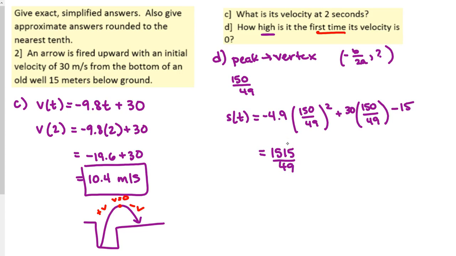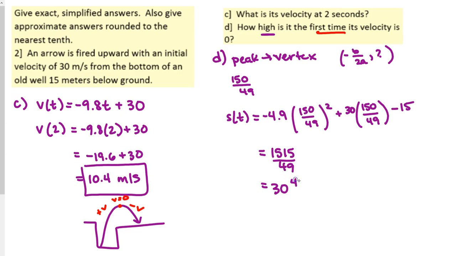Let's change that to a mixed number just to have a better feel for what height that is. So we get 30. Let me figure out what that remainder is. Let's see. 30 times 49, 1470, 45.